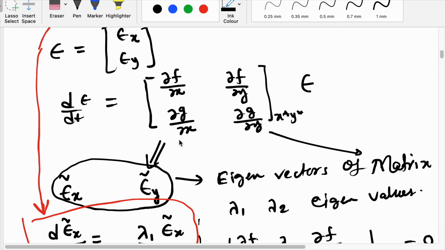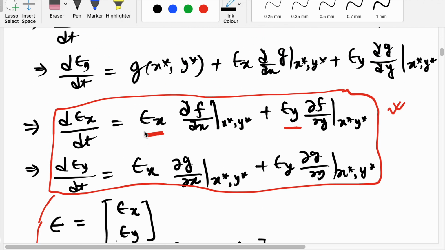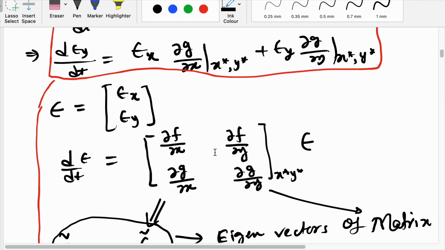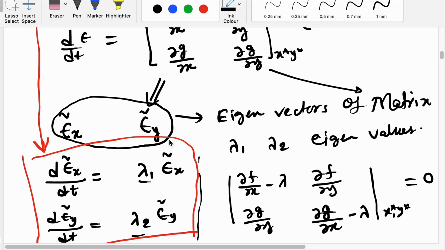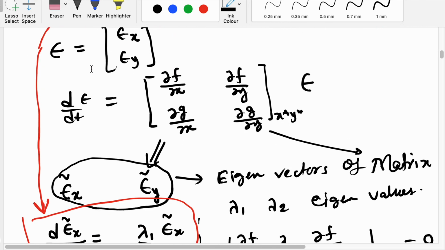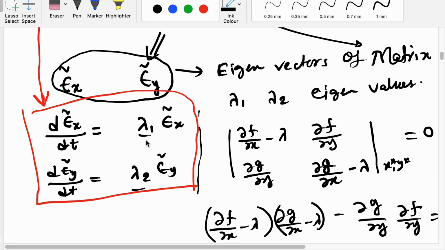Now after writing it, we find that analyzing this equation is a little bit cumbersome. Then we change our reference frame in such a way that our equation becomes like this, where lambda 1 and lambda 2 are the eigenvalues of the Jacobian. Is it clear? Yes.